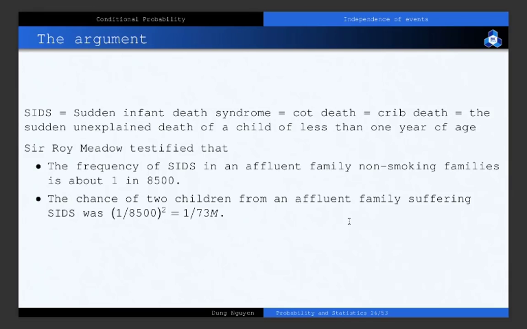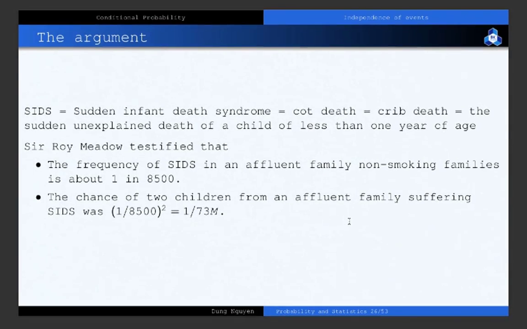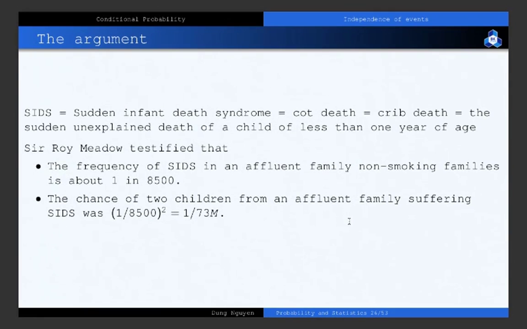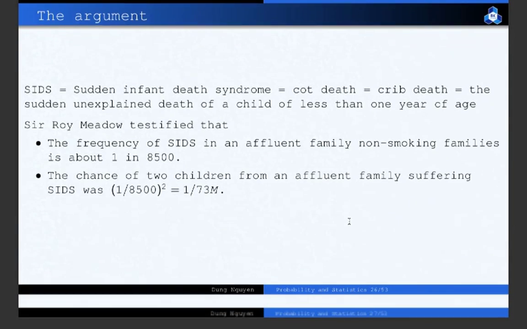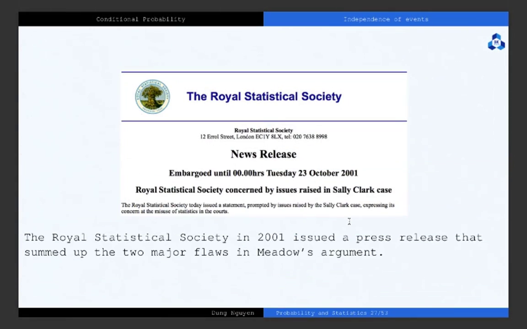And the chance of 2 children from that family suffering SIDS was 1 in 8500 squared, which means 1 in 73 million, which is a very small number, right? So that's why they concluded that Sally Clark was guilty and put her in jail.